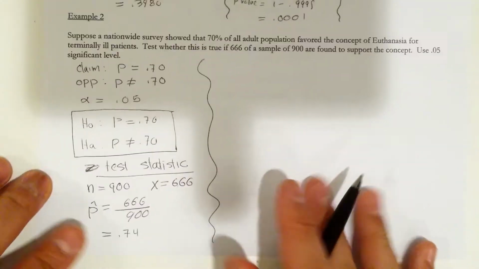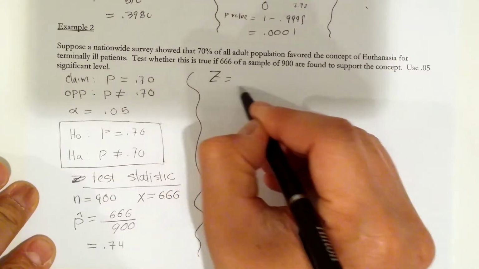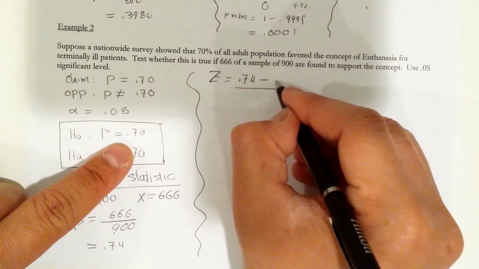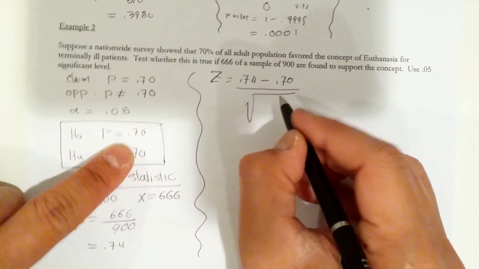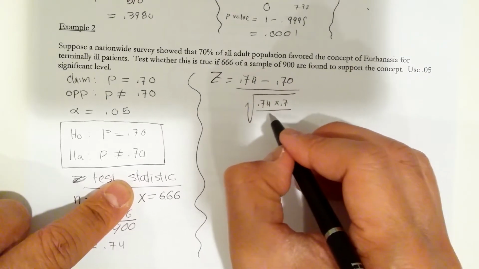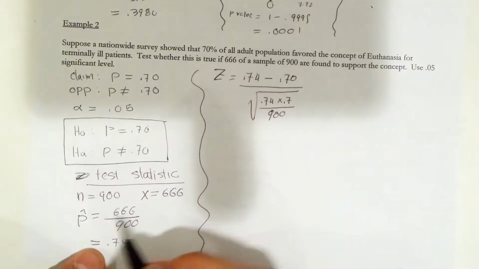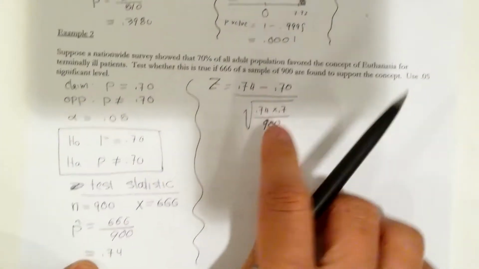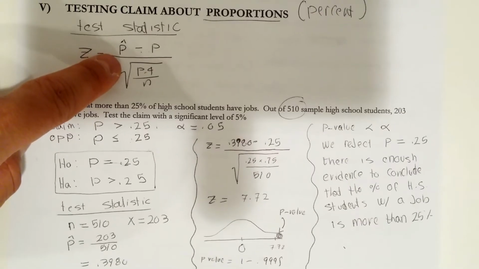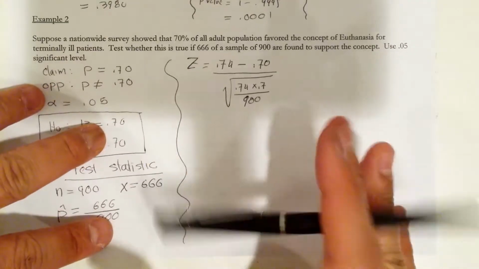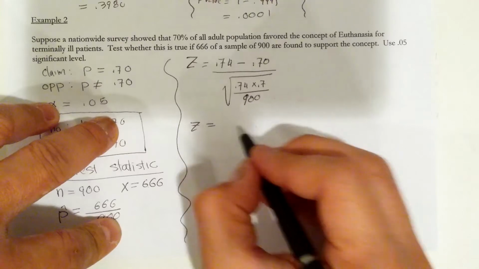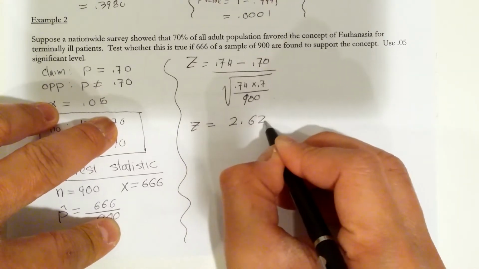Once you have that, you can calculate your z-value by taking 0.74 minus p, divided by the square root of 0.74 times 0.7 divided by 900, which is the sample size. Now remember, I got this from there. I'm plugging into this formula. That's how I find those values. Punching that into a calculator, you will get 2.62.